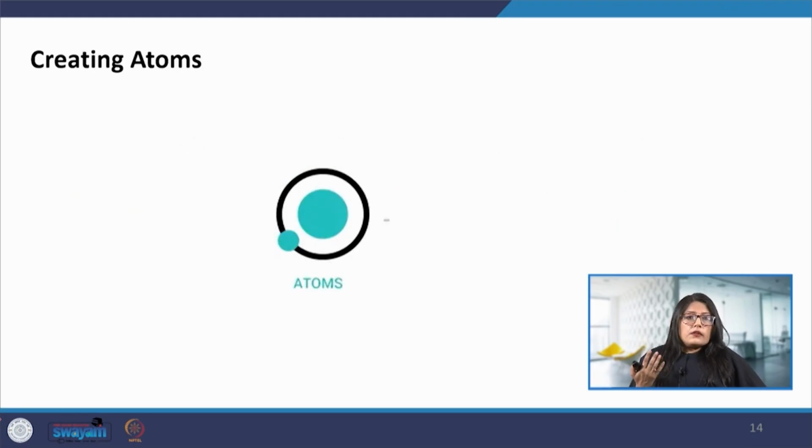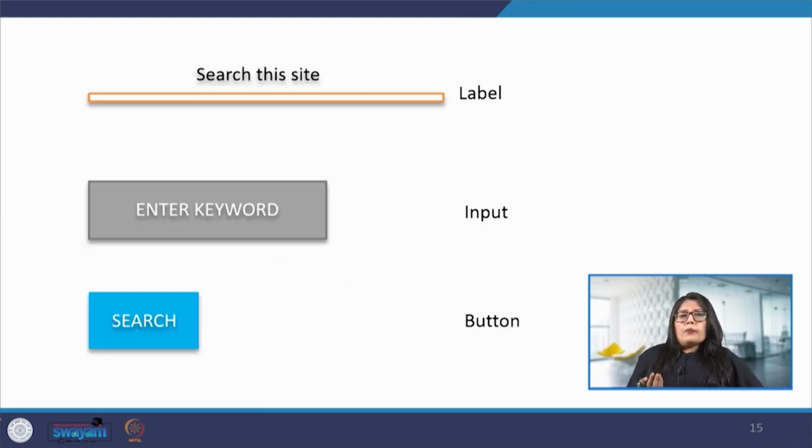So, creating the atom. An atom is the smallest element which cannot be broken down any further, and by themselves they may not be very useful. For example, we have a label or any kind of input or a button.